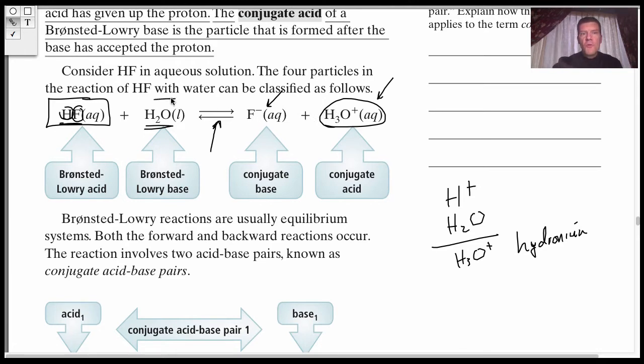Meaning the forward direction will happen, creating these ions of fluoride and the hydronium, but when there's too many of those ions, they also can turn back into the original compounds of the hydrofluoric acid and the water. Okay? So both directions can happen. So we have to think about this reaction in two directions, the forward direction and the reverse direction.